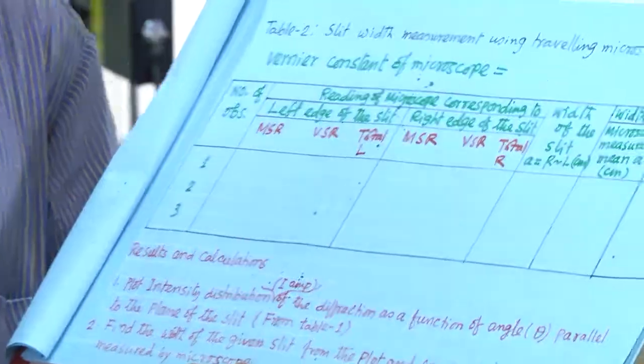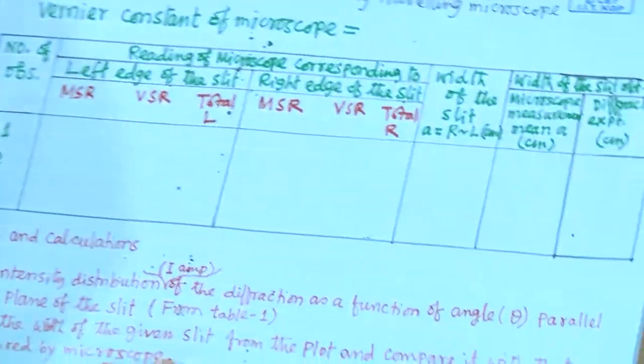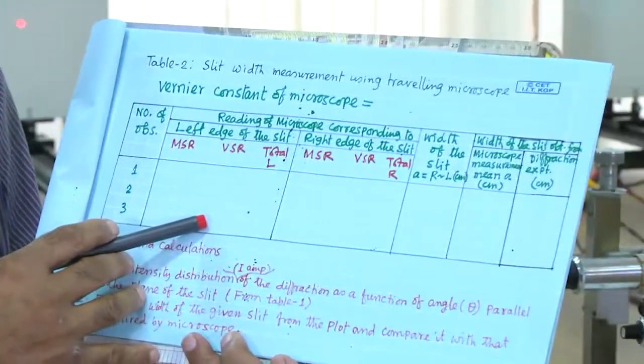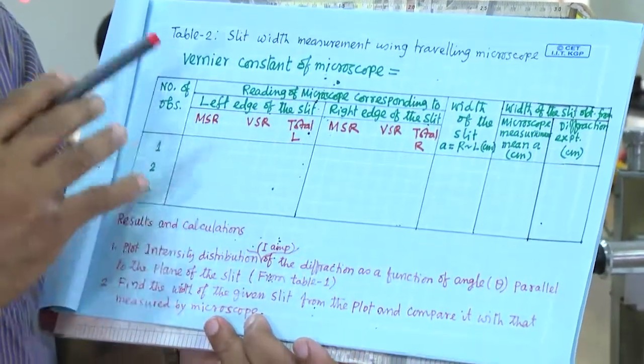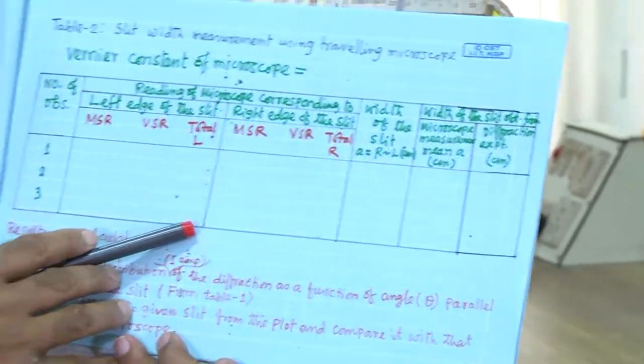Then we will measure the slit width using the travelling microscope, for comparison with whatever we have measured from the diffraction experiment. So, we will verify using the travelling microscope.